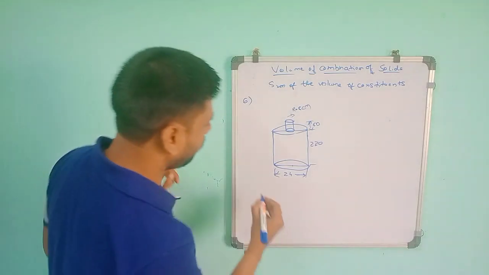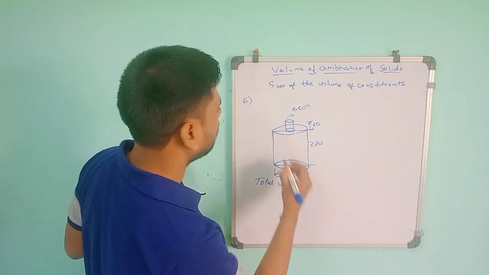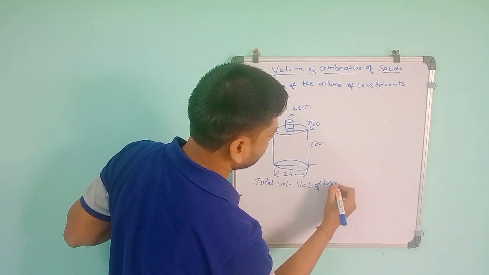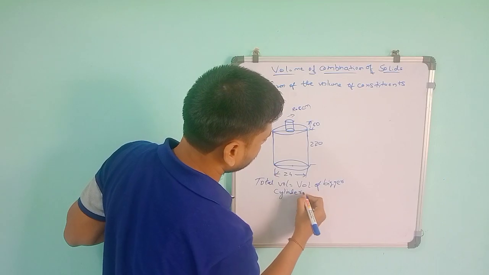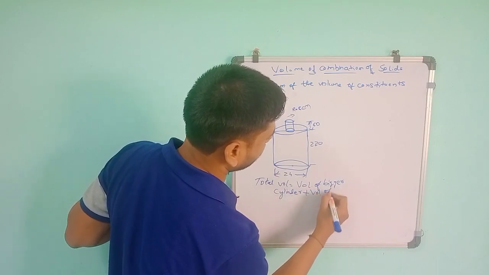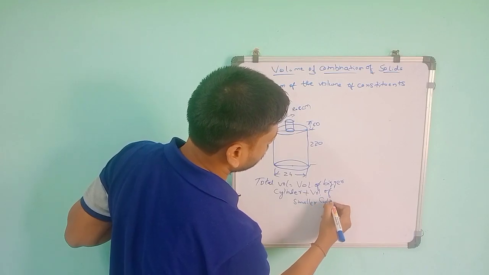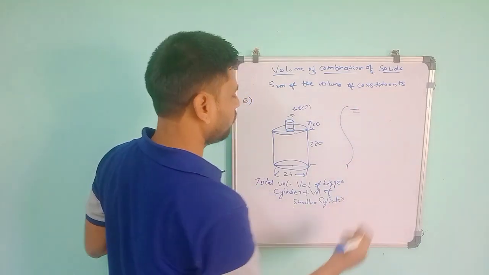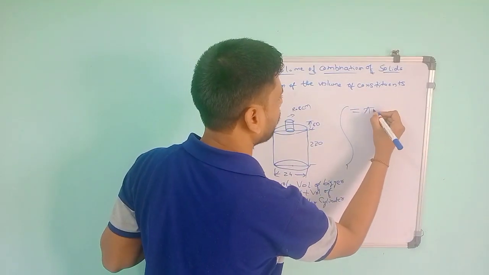So the total volume will be the volume of the bigger cylinder plus the volume of the smaller cylinder. The volume of a cylinder is pi r square h.